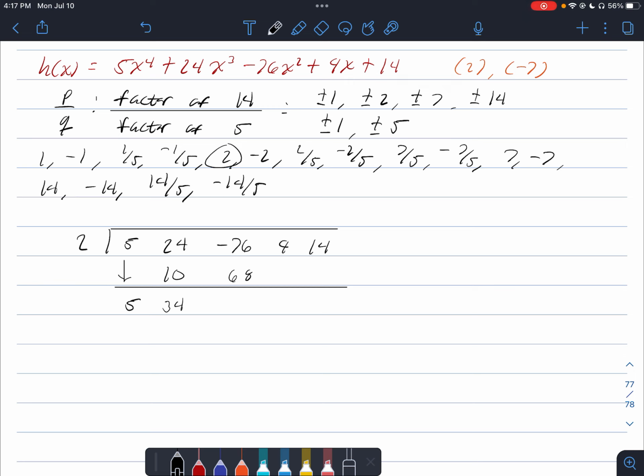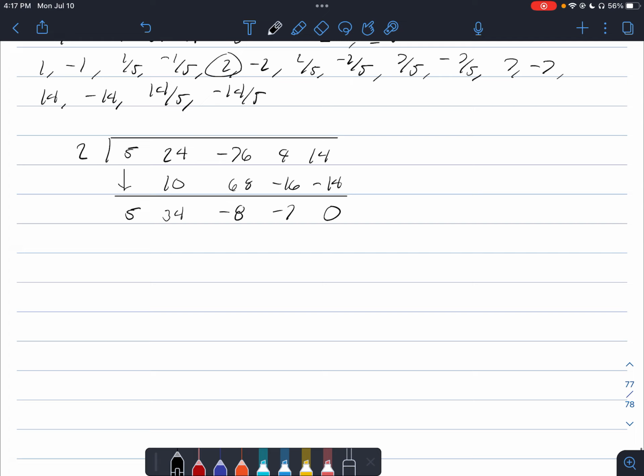Okay, so if we have negative 76 plus 68, that'll give us minus 8. Okay, 2 times negative 8 is minus 16. So 9 plus a negative 16 is negative 7. Negative 7 times 2 is negative 14. 14 plus negative 14 is 0. So look at that. We have a remainder of 0, no remainder.